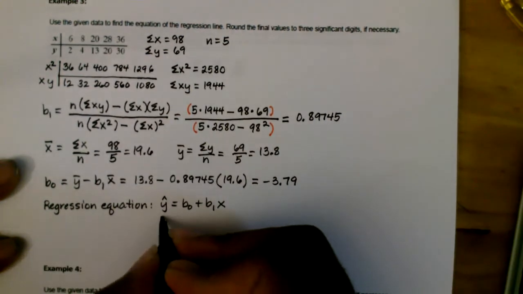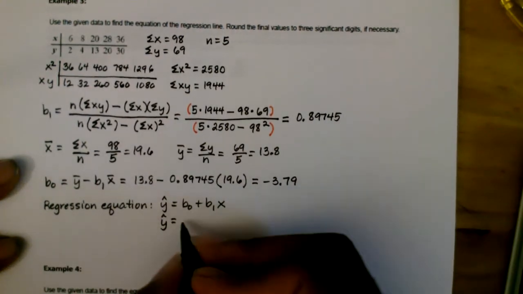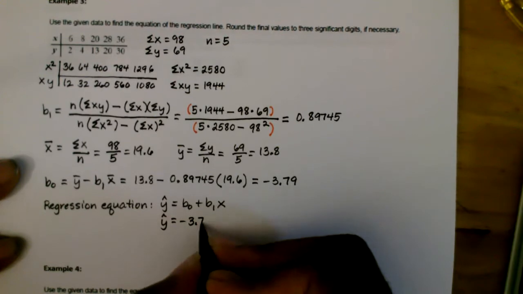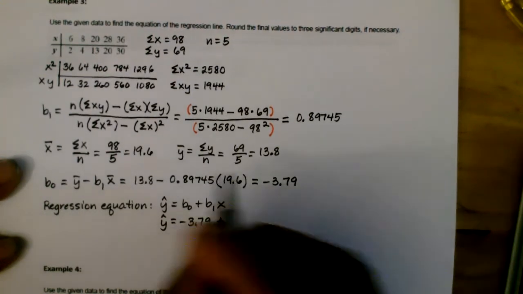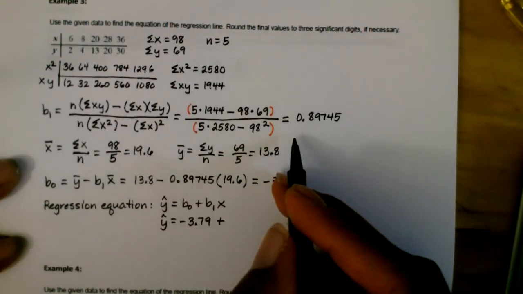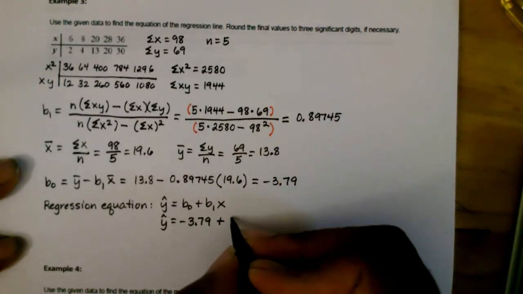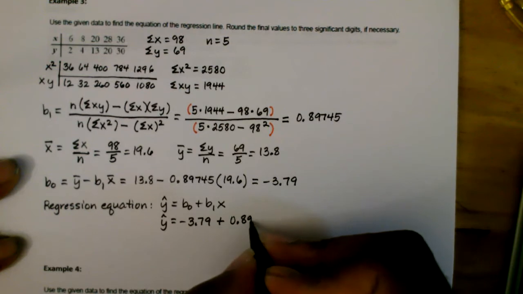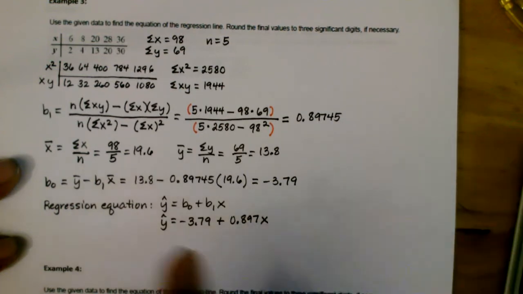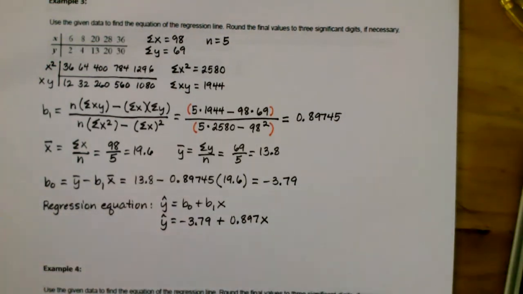So I'm going to have Y hat is equal to B sub 0 is negative 3.79 plus B sub 1. Here I can round to 3 decimal places. So this will be 0.897 times X. This represents the regression equation for this data set.